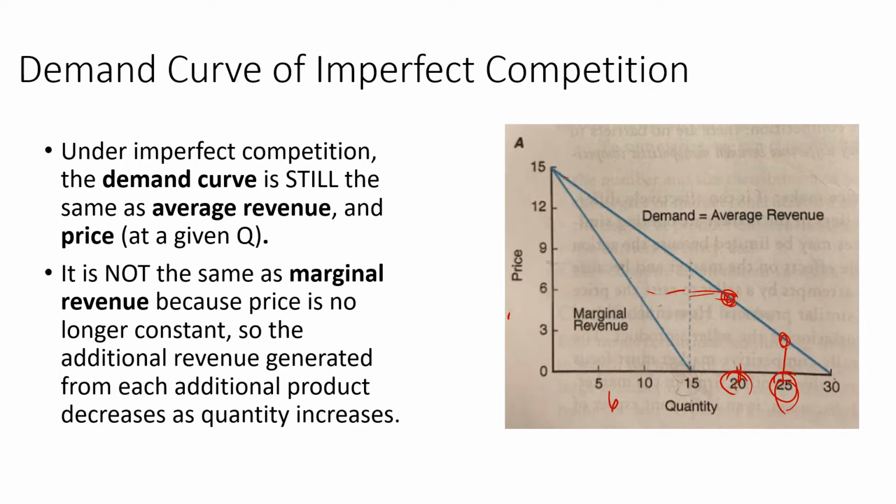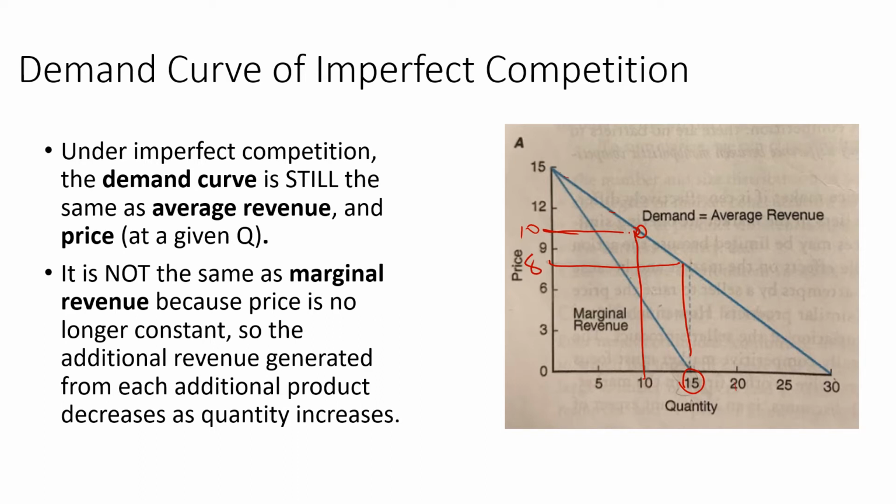Each additional unit of Starbucks coffee that is sold is done so by decreasing the price, okay? So in order to sell 15 instead of 10, we had to decrease the price from, let's say, 10 to 8.